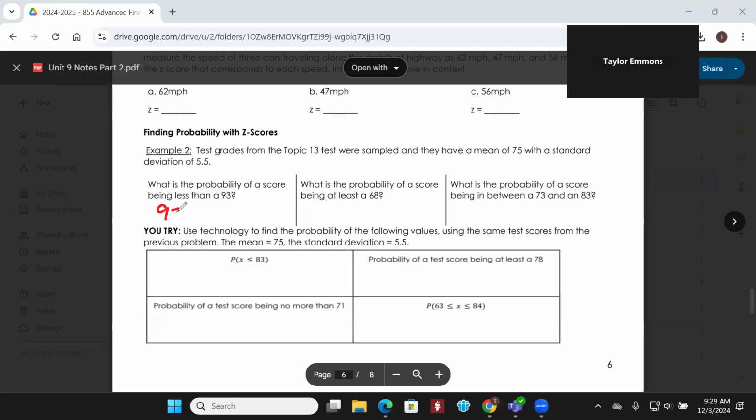So you have 93 minus 75 divided by 5.5. That's going to give you 3.27.